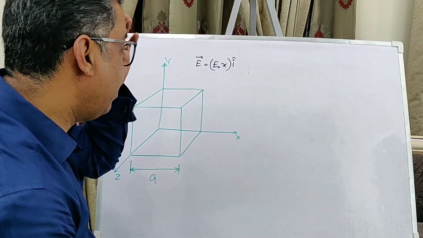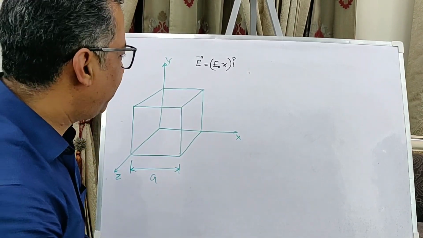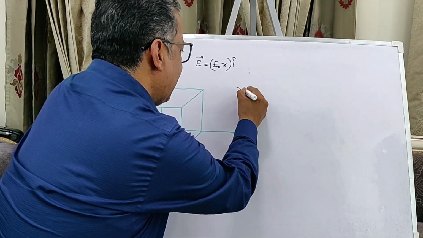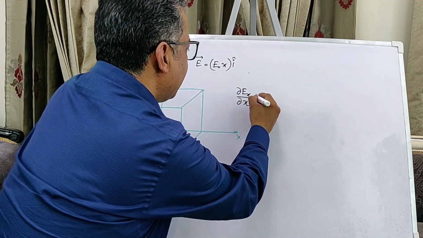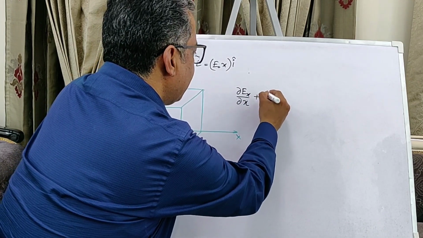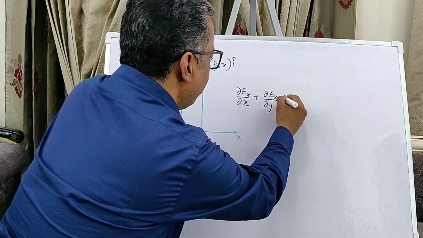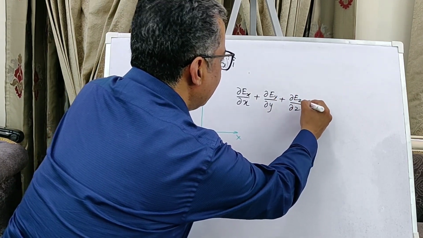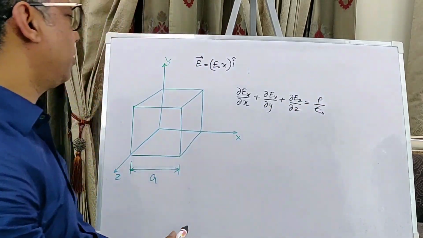Now it's a fairly simple problem once we know the microscopic version of Gauss's theorem, which says del Ex by del x plus del Ey by del y plus del Ez by del z is equal to volume charge density by epsilon naught.